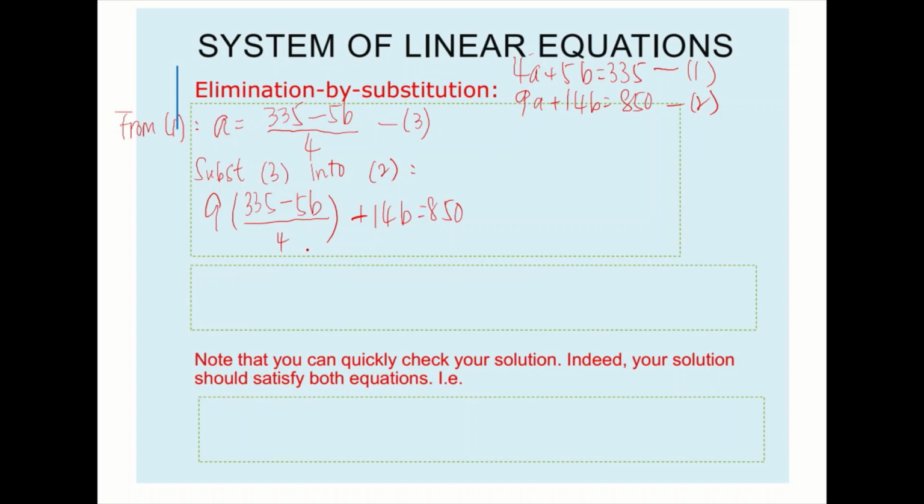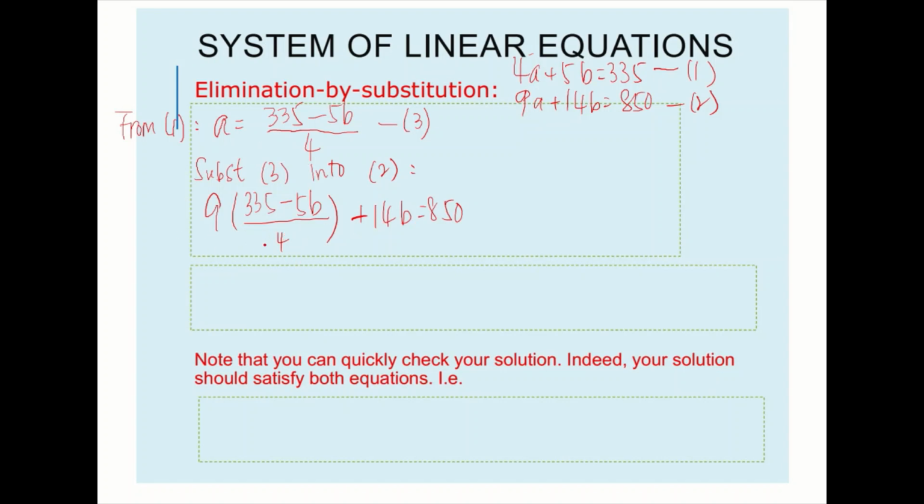You can see here, after I replace the a with the b, for this equation I only have one unknown, which is b. So we reduce the variable from two unknowns to one only.